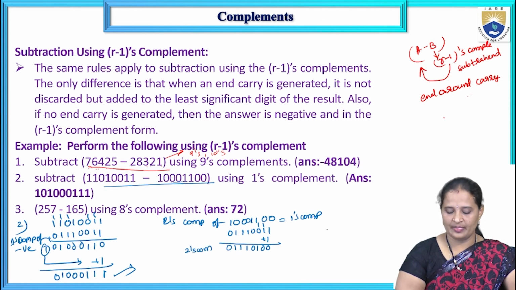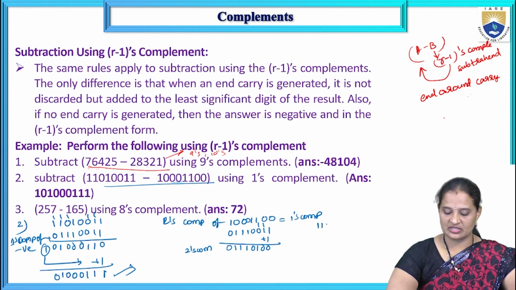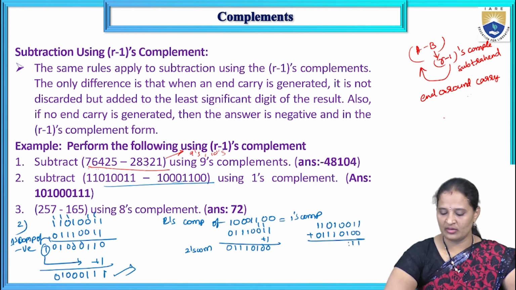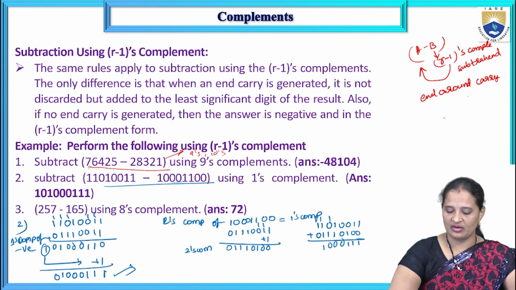Now add it to the positive number. What is the positive number? 1, 1, 0, 1, 0, 0, 1, 1. And the 2's complement is 0, 1, 1, 1, 0, 1, 0, 0. Now add it. 1, 1, 1, 0, 0 with a carry 1, 0 with a carry 1, 1 with a carry 1, and then again 0 with a carry 1.